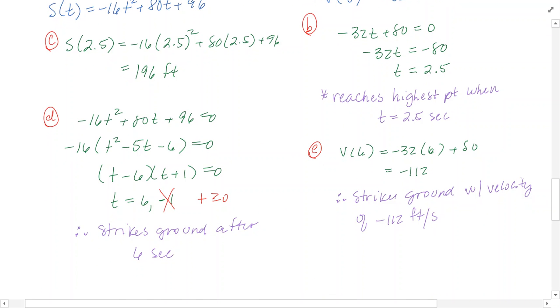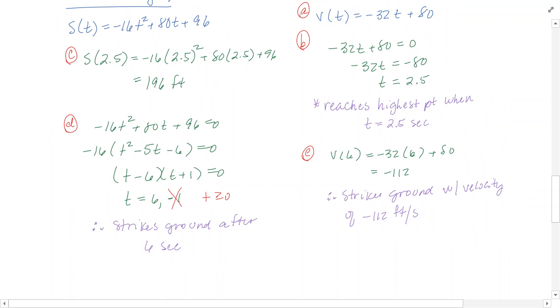There are two ways to consider this. You could look at a graph, and you could definitely do that to validate your answer. You could also look at this in terms of what we already know. We know that when time was equal to 2.5, we were at our max height.